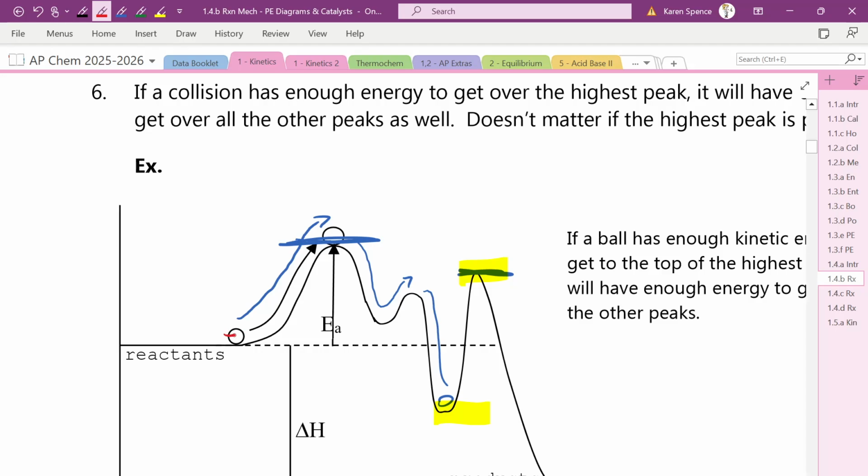Because if it has enough kinetic energy to get over this peak, because it will pick up extra kinetic energy going down the hill, it will have enough to get over that peak. Even if the gap from the water to the top is shorter, it's longer than the one. Yep. Doesn't matter. Just the one with the highest peak, always.